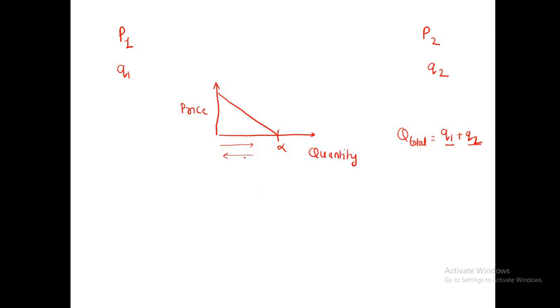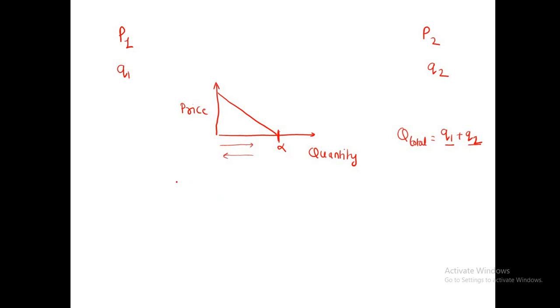If this total production surpasses the limit alpha, then the price of the product will become 0. But what if the total production is below alpha? Then we can easily determine the price by taking the difference of alpha and Q total.